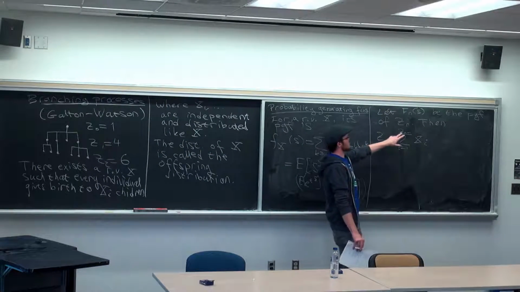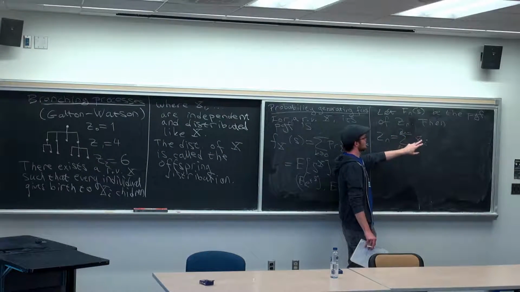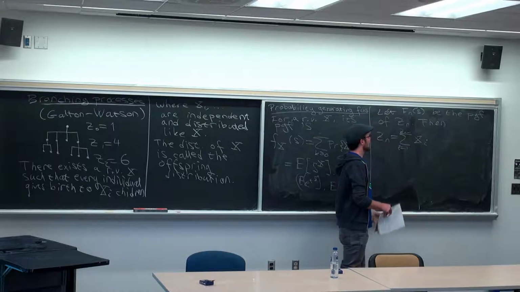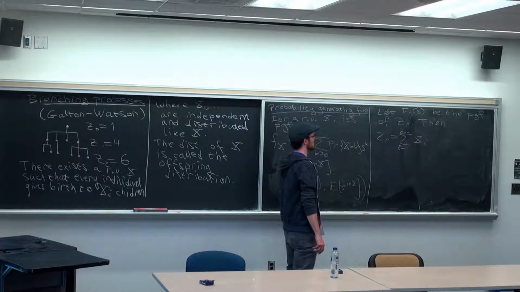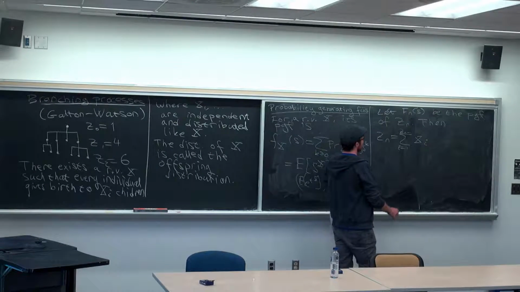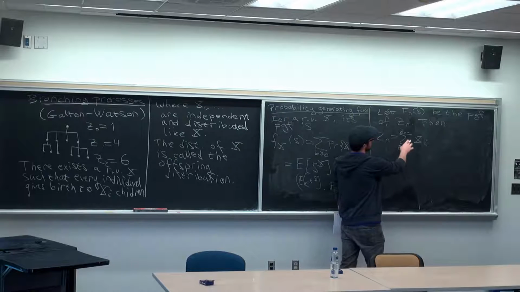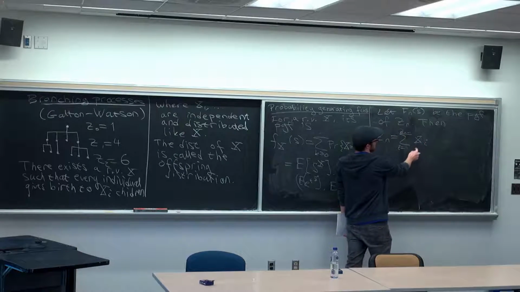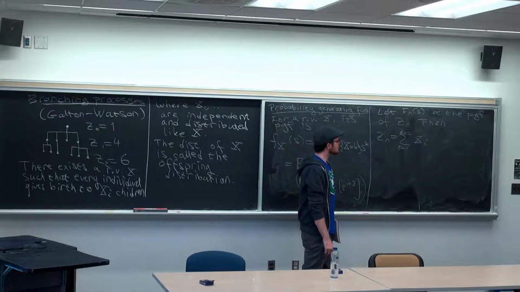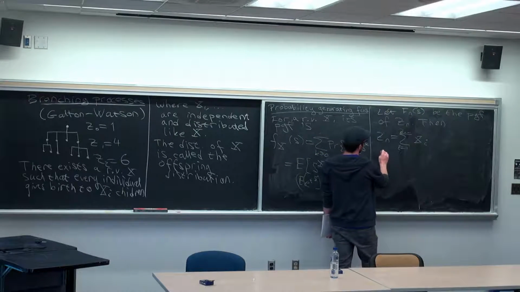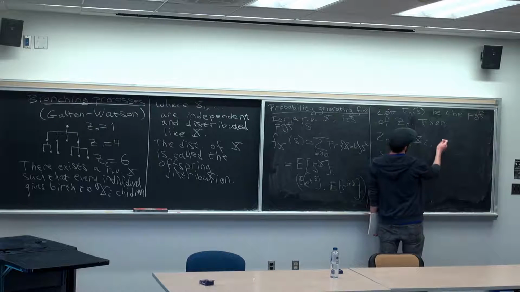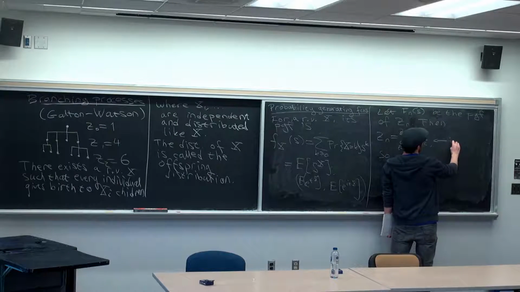So every individual in the previous generation contributes one random variable, and indexing is just some indexing. The point here is that it's the sum of this many copies of the X variable. Okay, so let me say again, they're independent.